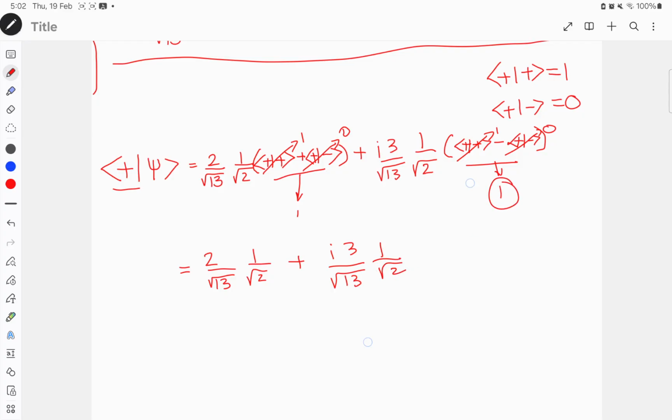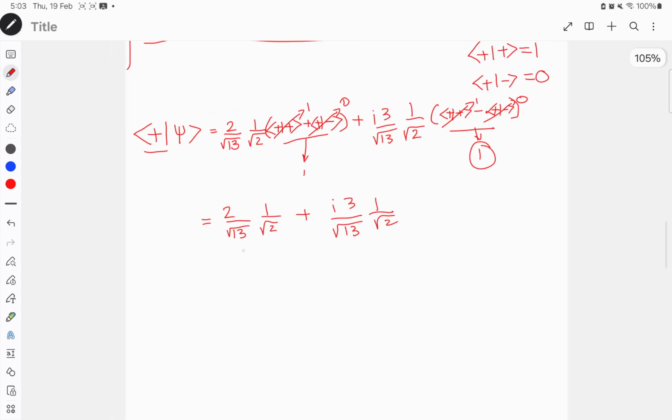So here adding it, 2 plus 3i over root 13 multiplied by root 2, that is root 26.